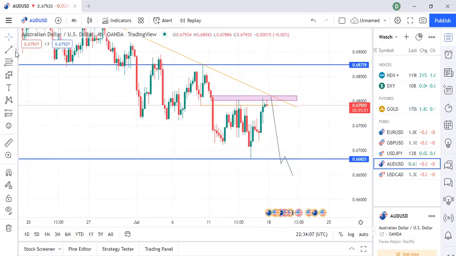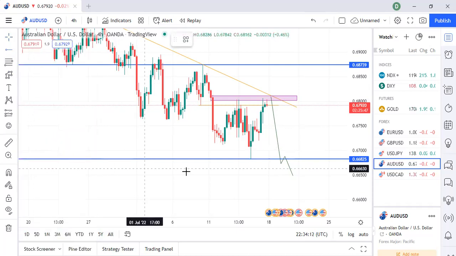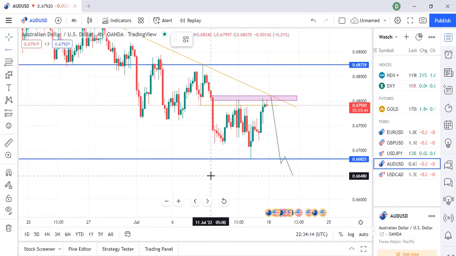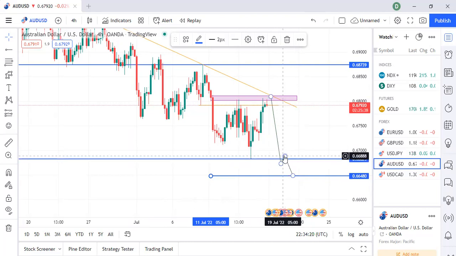On Aussie Cad, my main target is going to be at 0.664. That'll be my final, but as usual, I'll take my partial profit at this level. All right, so that is it on AUDUSD.